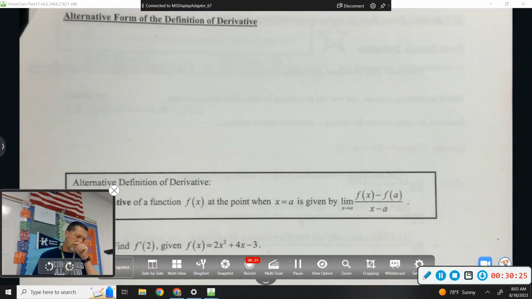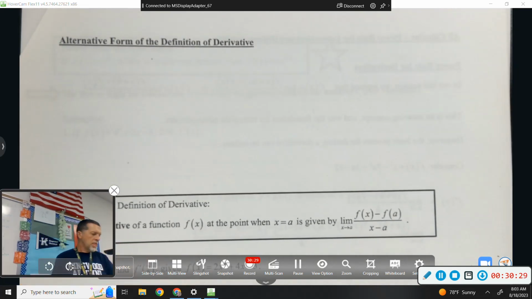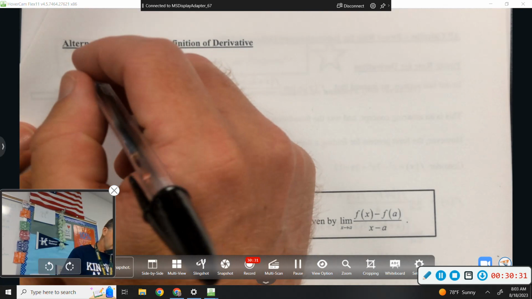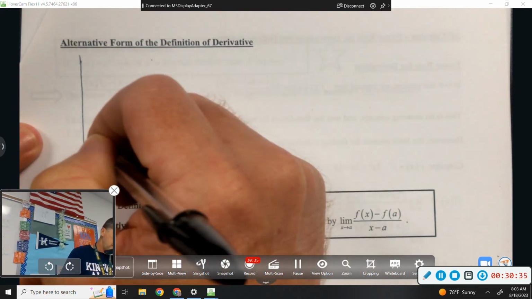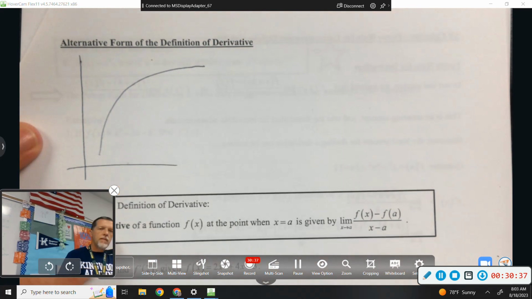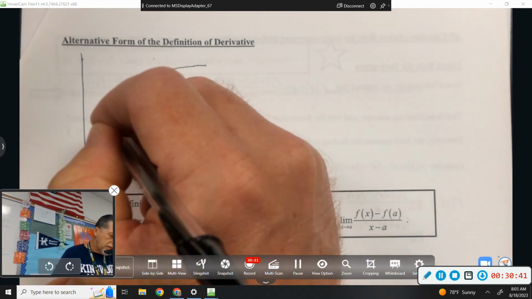All right, alternative form of the definition of a derivative. Let's kind of do the same type picture.